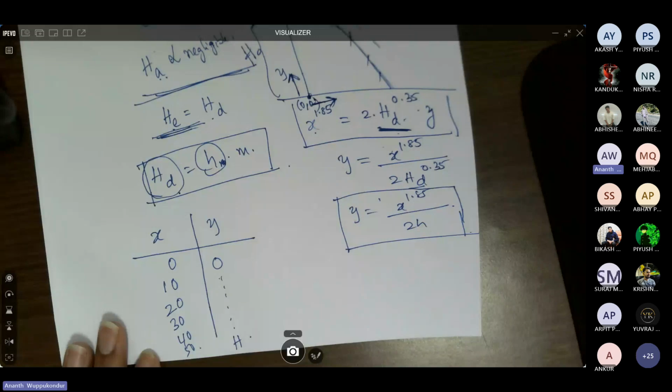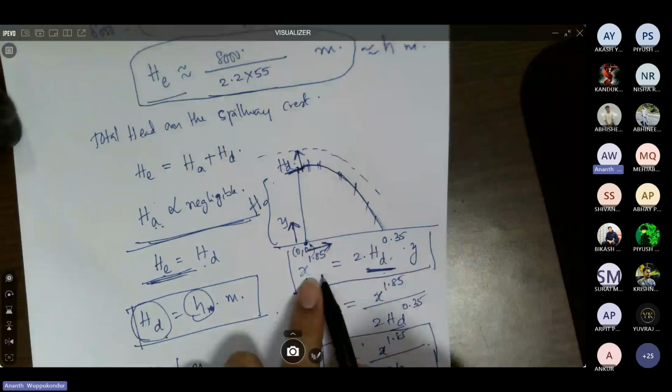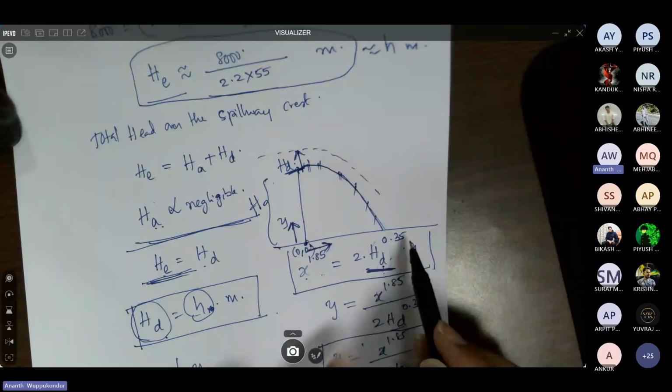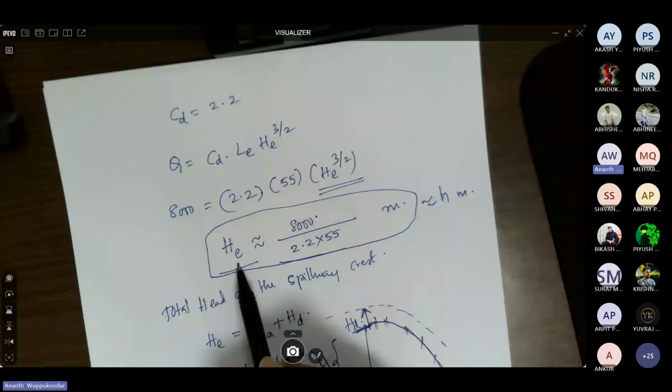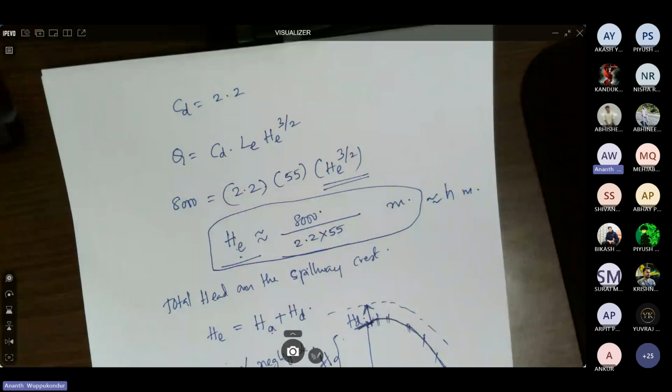So what we essentially did was to use this equation for the profile of the spillway, which is dependent on the head on the crest of the spillway. To get the head on top of the crest, we calculate the total head, and then we neglect the velocity head from the total head, and simply using the function for x and y, you calculate what is y for different x.